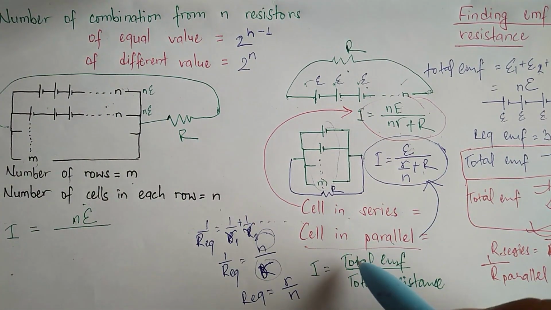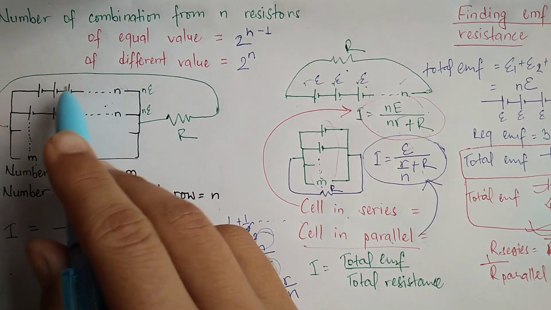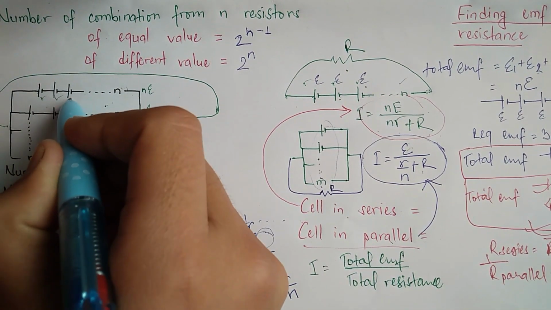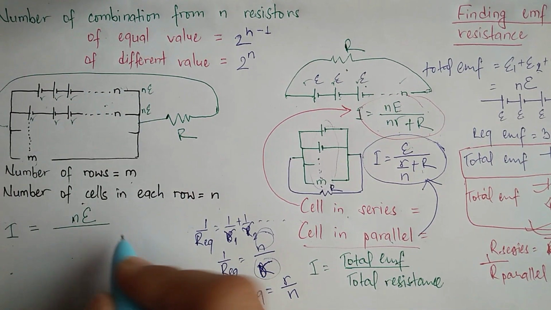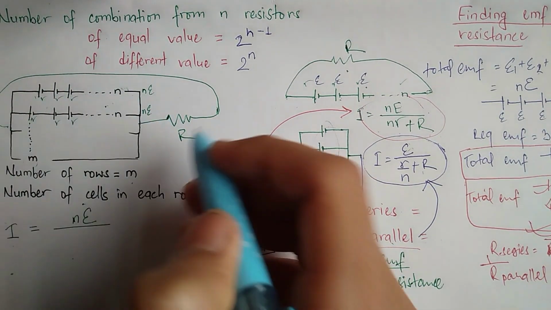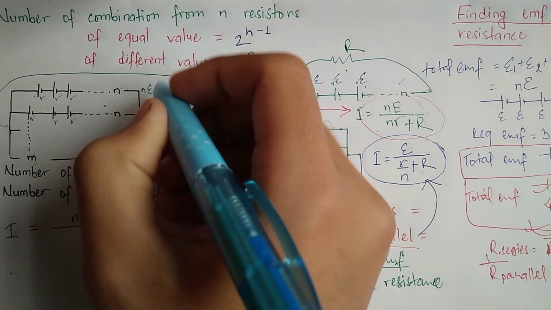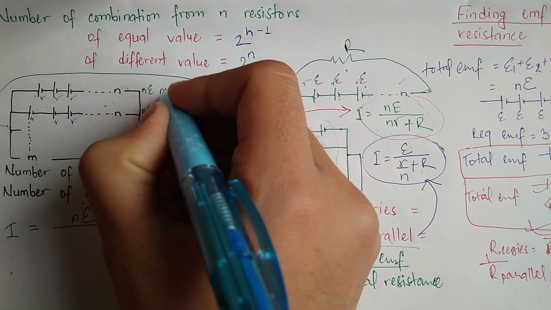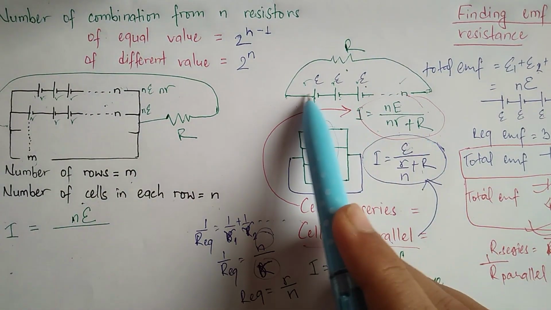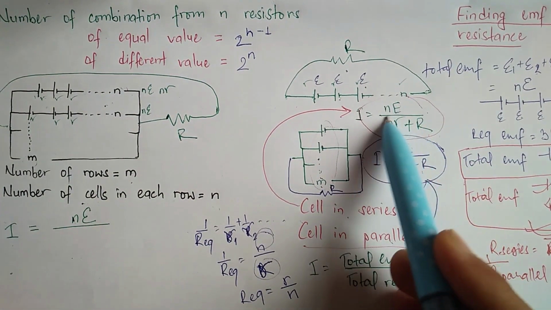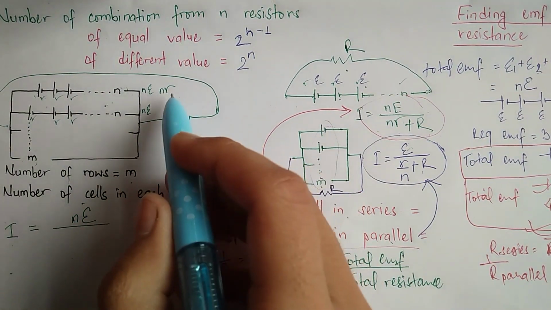And then for resistance, every cell will have internal resistance. First, a series row will have r, because as I discussed earlier, total resistance will be added: 1, 2, 3, 4 ... n times r, so nr.